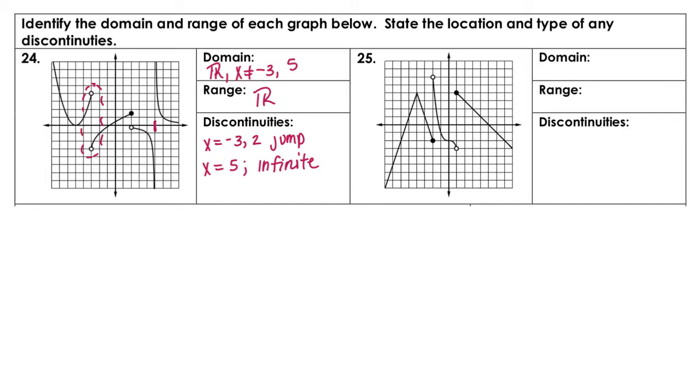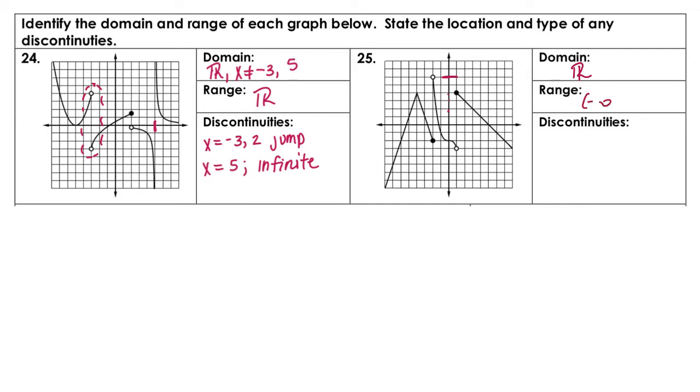Right, number 25, as far as our domain here, as far left to as far right, even though we have open circles, it looks like everything is accounted for, so all real numbers. And then for our range, I think from negative infinity all the way up to 6, and that's not included.